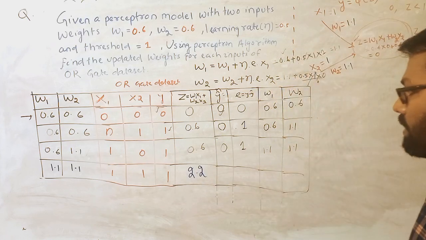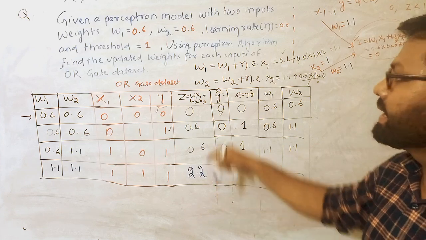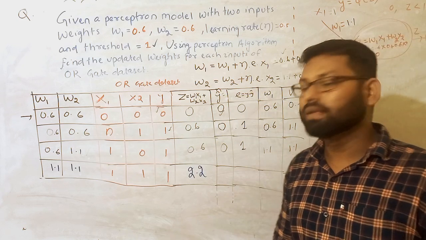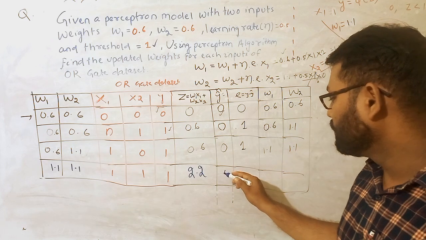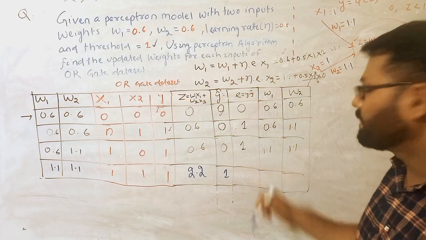Okay, now 2.2 I got. So this value is greater than threshold. I always told you, if z value is greater than threshold, this y predicted value is going to be 1. I got 1. Okay, so error, need to find error.